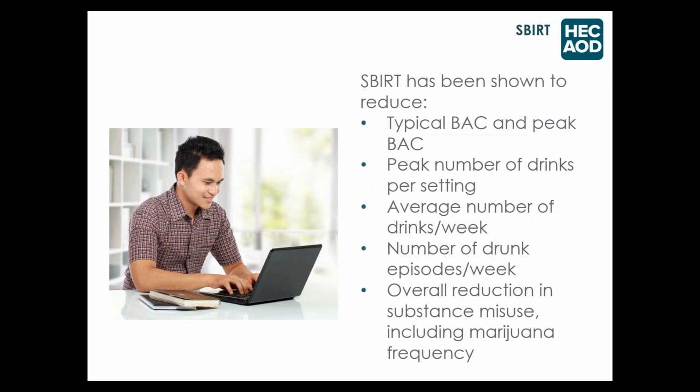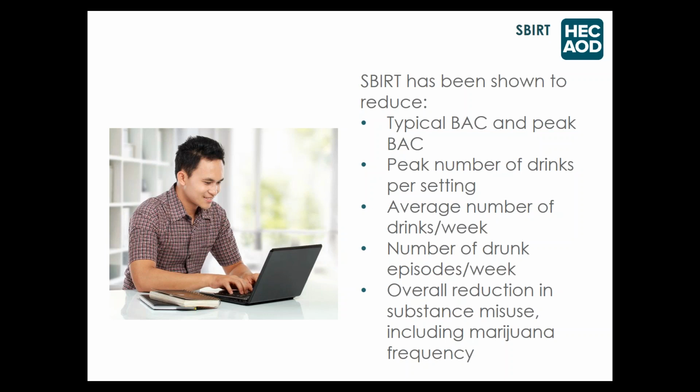Within that, they've seen a decrease in the typical blood alcohol content, as well as the peak BAC level of students. The peak number of drinks per setting a student is consuming after utilizing SBIRT has been reduced. They've also seen the average number of drinks per week be lower for those who have participated in SBIRT, as well as the number of drunk episodes.